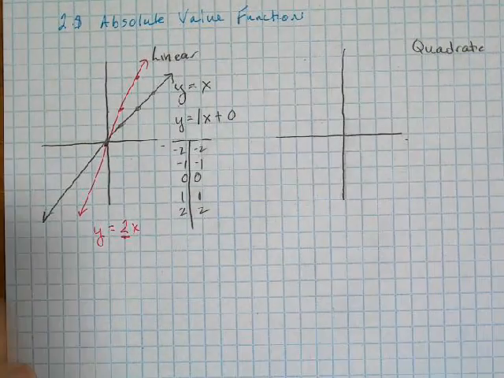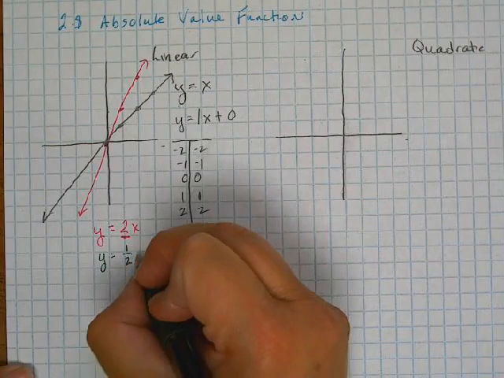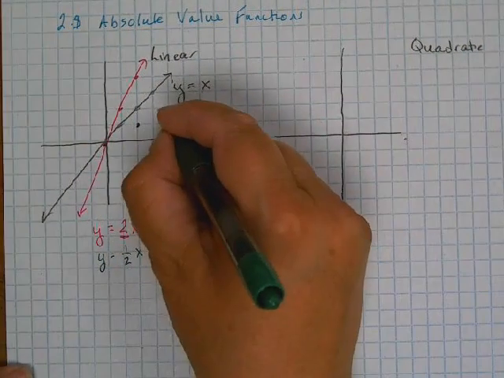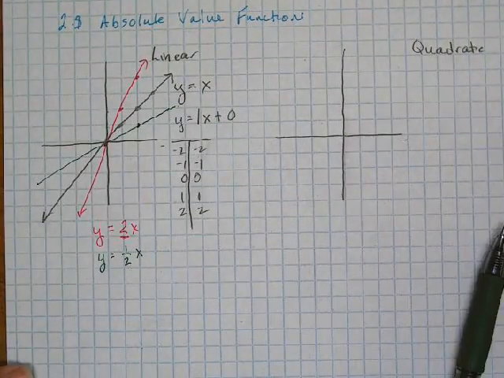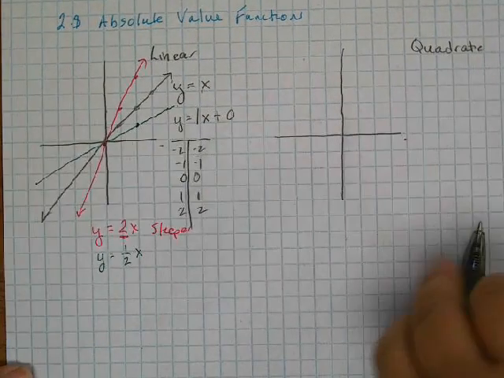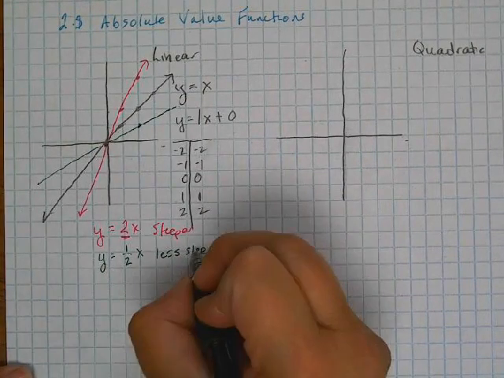If you change that number to something smaller than 1, like a half, instead of going up 1 over 1, you go up 1 over 2. So what that does is it makes this line a little less steep. So the pink line was steeper, and the green line was less steep, or flatter.